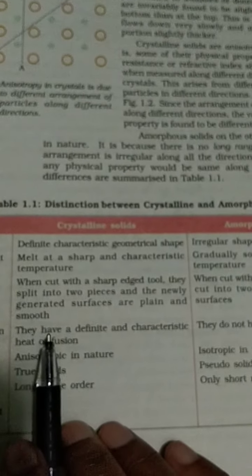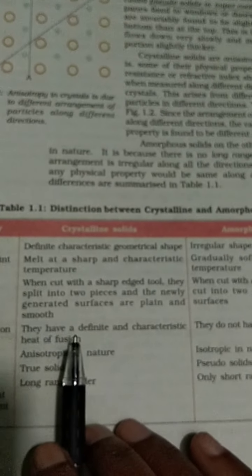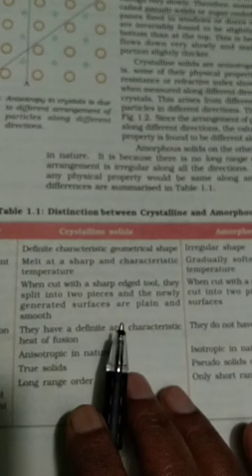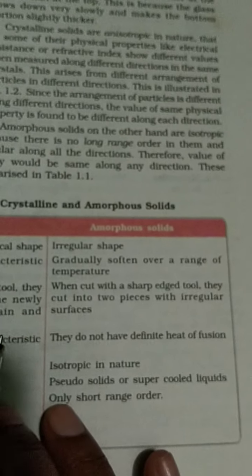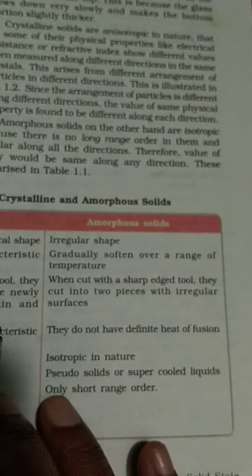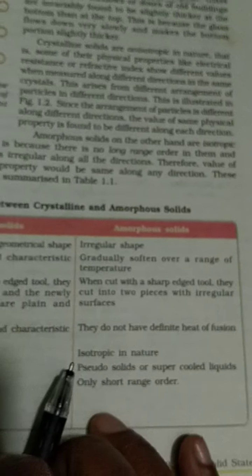Crystalline solids, when cut with a sharp edge tool, split into two pieces and the newly generated surfaces are plain and smooth. While amorphous solids, when cut with a sharp edge tool, cut into two pieces with irregular surfaces.